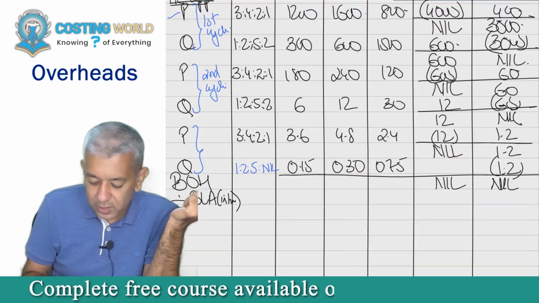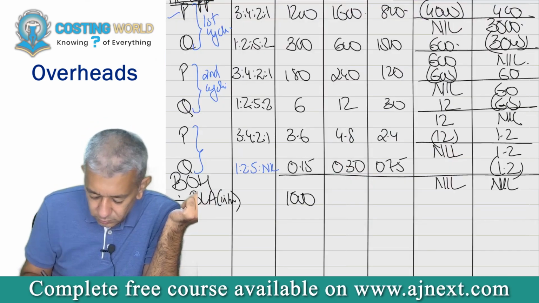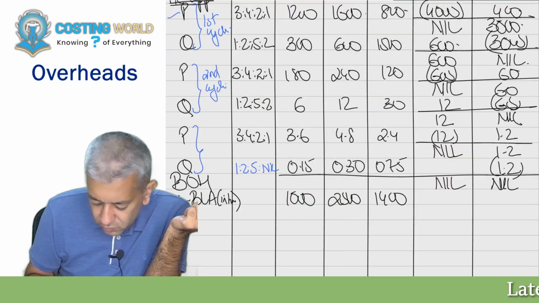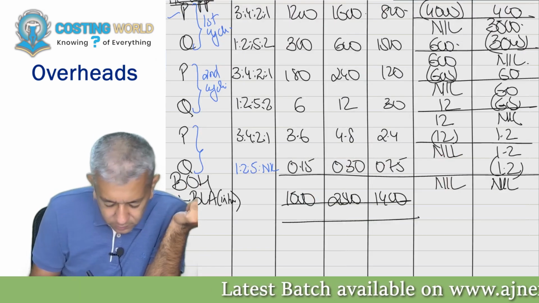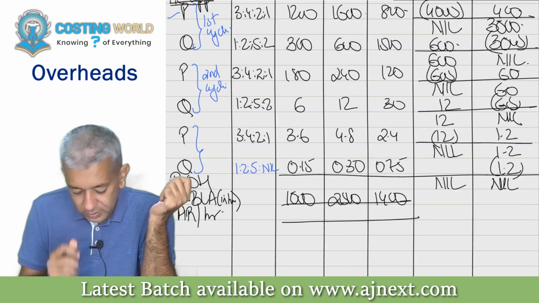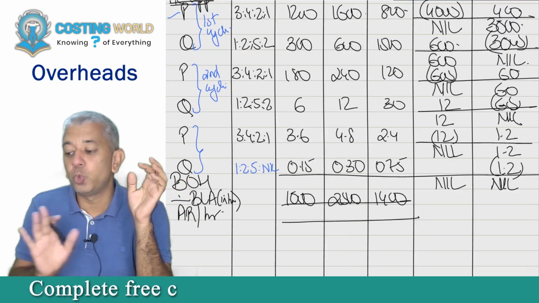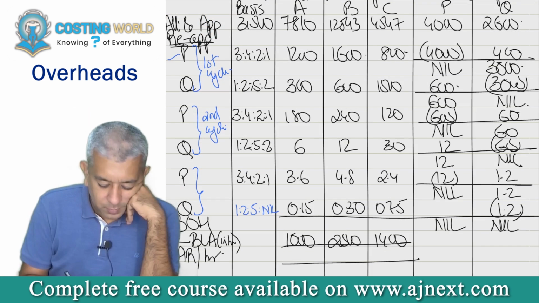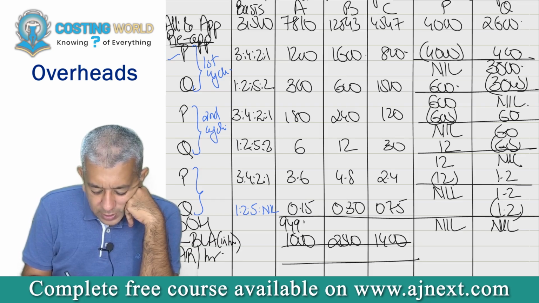That is 1000, 2500, 1400. Absorption rate per hour. Take absorption rate per hour up to 2 decimals. This comes to how much? 9499.75.